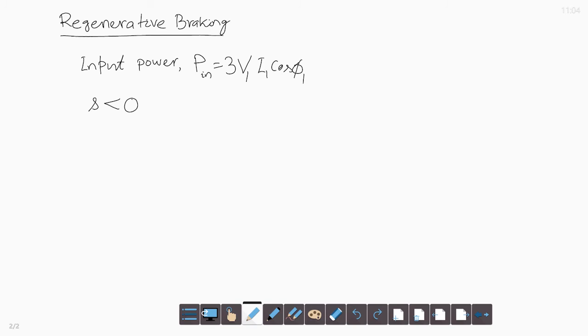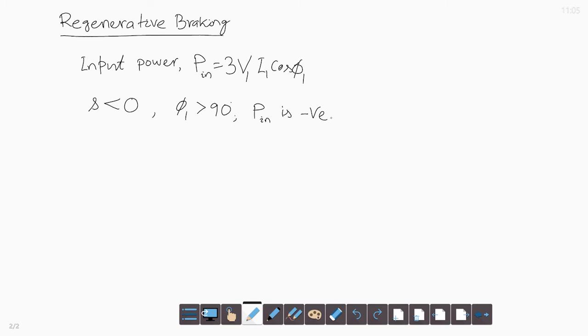So the polarity of the rotor induced EMF becomes opposite, and the direction of rotor current also becomes opposite. So the component of the stator current which balances the rotor MMF, the rotor current, also becomes opposite. That leads to angle phi 1, the phase angle between stator voltage and current, being more than 90 degrees. So P in, the input power, is negative. That means power flows from the machine to the source. The machine operates as a generator. So regenerative braking is obtained.